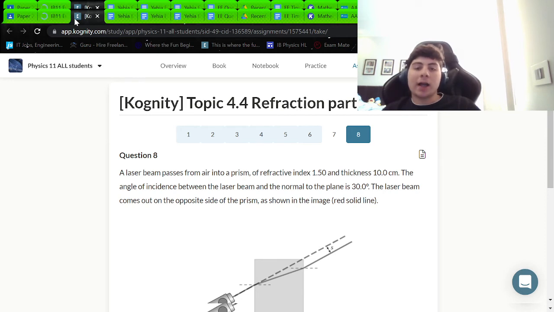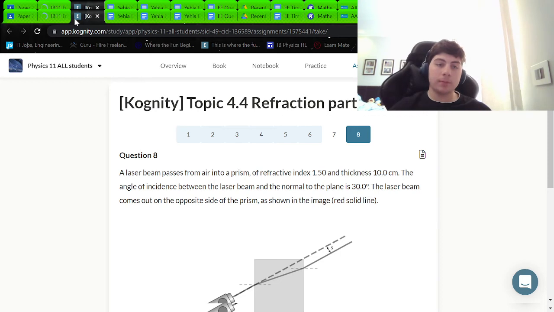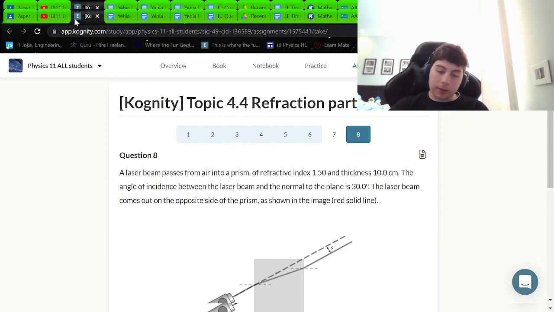Oh, I got it. A laser beam passes from air into a prism, so it's 1 over 1.5. And thickness is 10 centimeters, angle 30 degrees. So 1 over 1.5 is, what is it, sine theta 2 or sine theta?